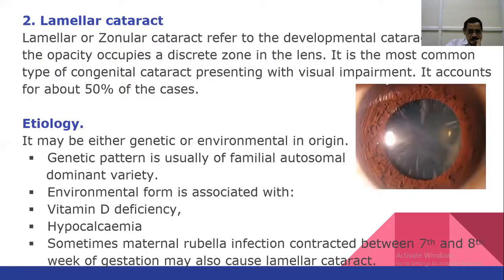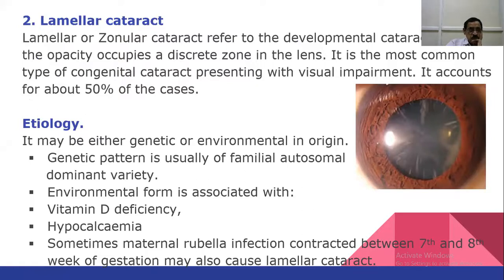Lamellar cataract, which is also known as zonular cataract, refers to a developmental cataract where the opacity occupies a discrete zone in the lens. It is the most common type of cataract presenting with visual impairment. It accounts for about 50% of cases. Etiology: it may be either genetic or environmental in origin.